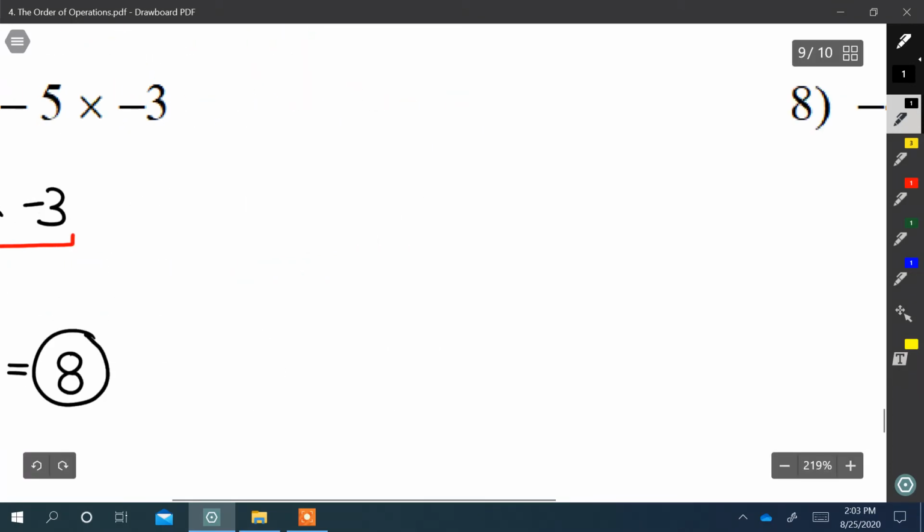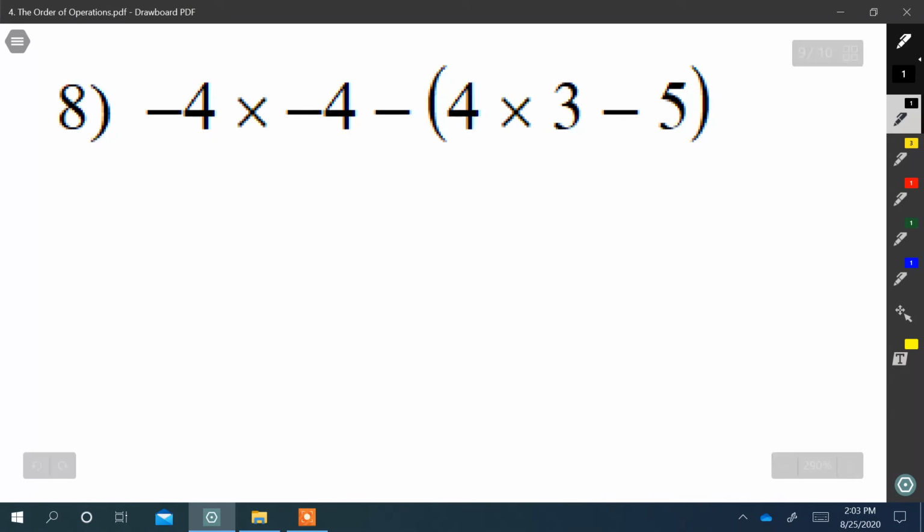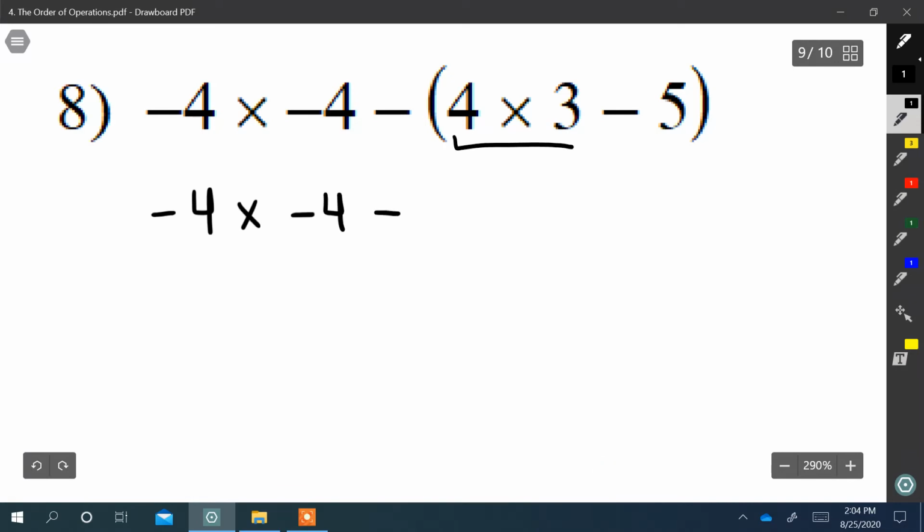Let's go ahead and do number 8 now. See if you can do this one here. All right, we're going to start with parentheses. Inside those parentheses, we're also going to apply PEMDAS. So 4 times 3, that's going to be 12 minus 5.